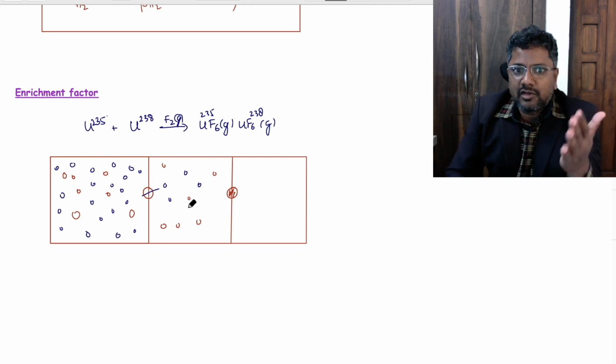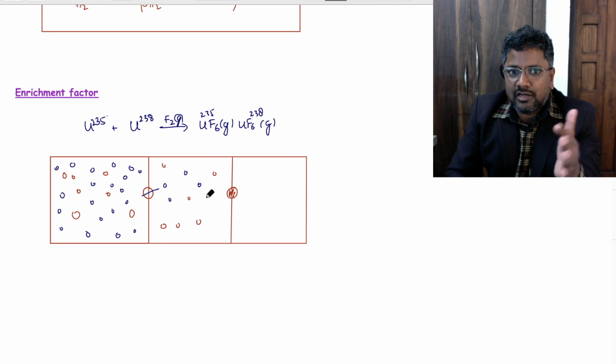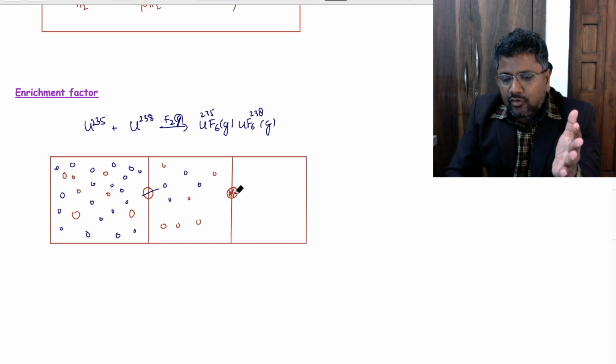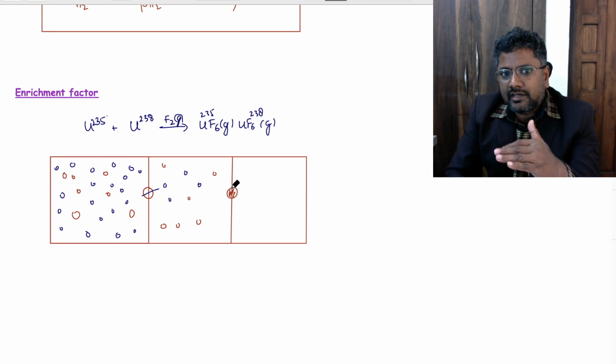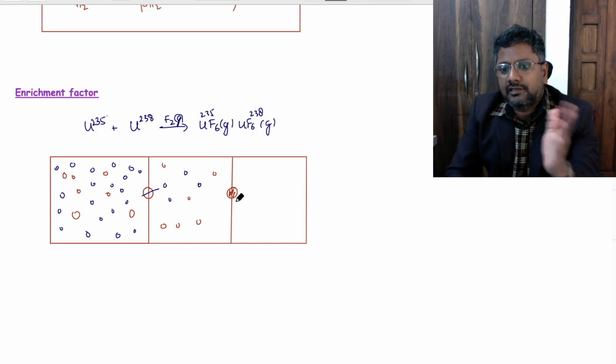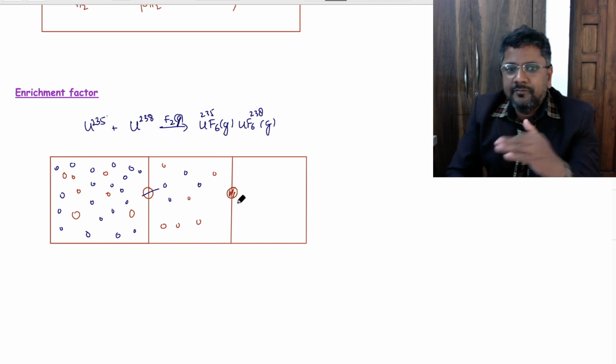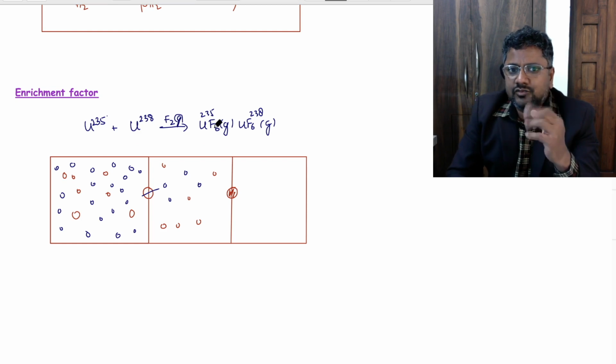So more molecules will come here, fewer molecules of 238. Then again open the second opening and third and so on. If you keep on doing this, then ultimately you will get this 235.